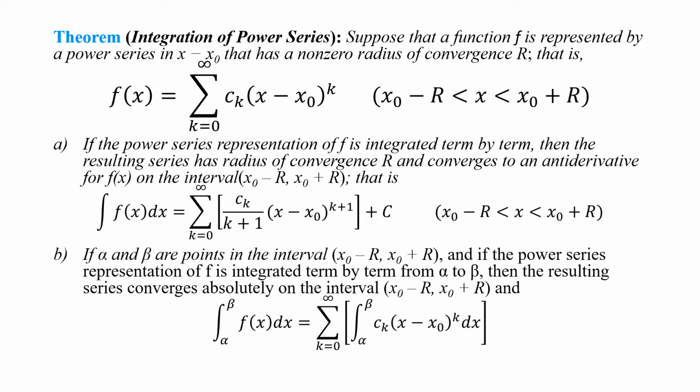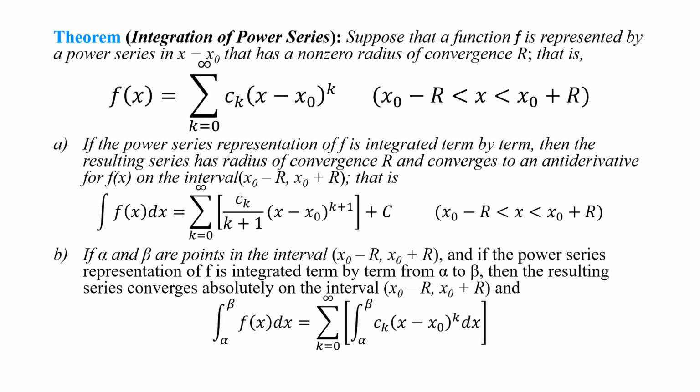So the theorem of this one, integral of power series. Suppose that the function f is represented by a power series in x minus x sub 0 that has a non-zero radius of convergence r. That is, f of x is equal to the summation of c sub k times the quantity x minus x sub 0 raised to k from 0 to infinity, on the interval x sub 0 minus r to x sub 0 plus r.